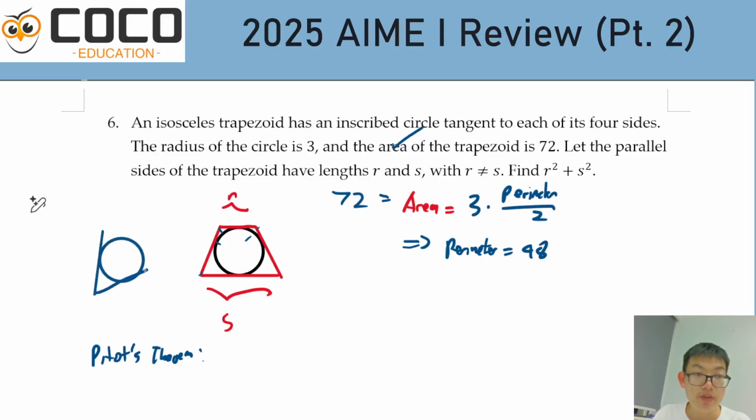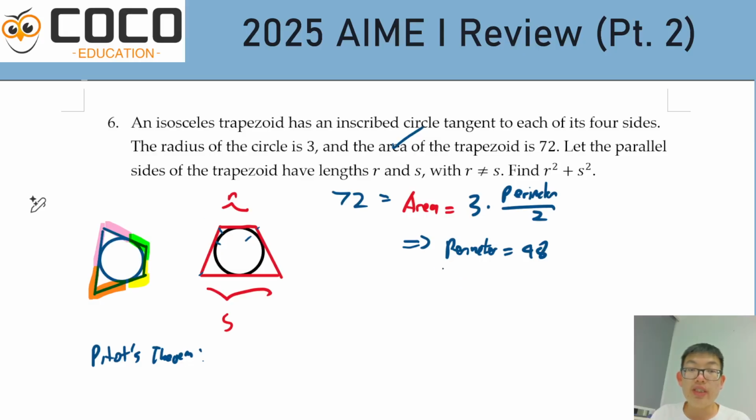So for example, if I draw one where there is no requirement for it to be an isosceles trapezium, then these two parts are equal, these two parts are equal, these two parts are equal, and these two parts are equal. So the two opposite sides clearly all add up to the same thing.